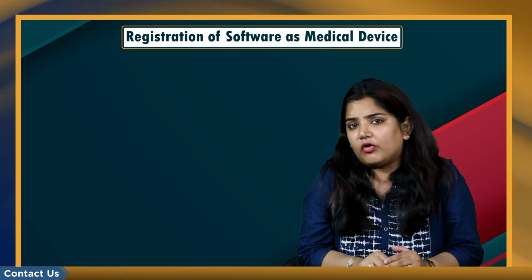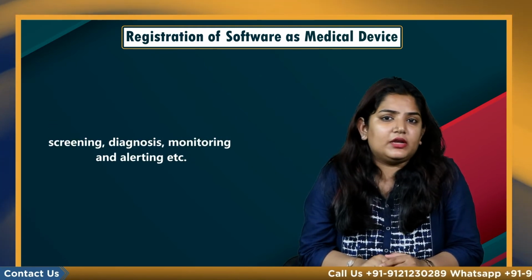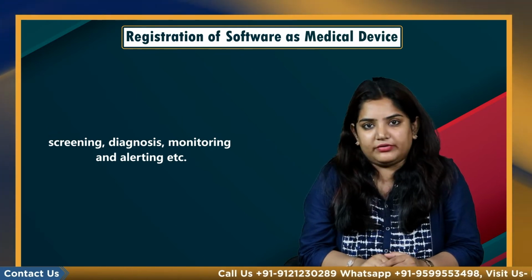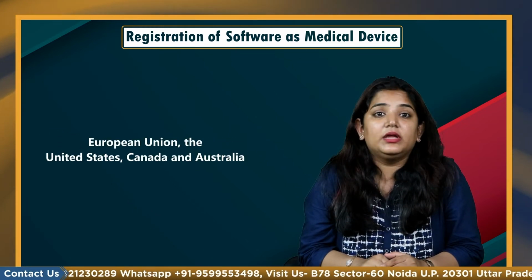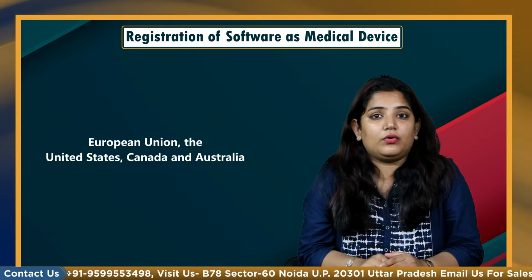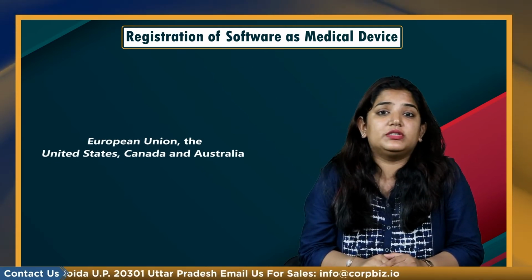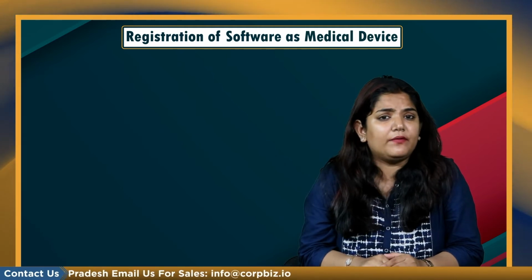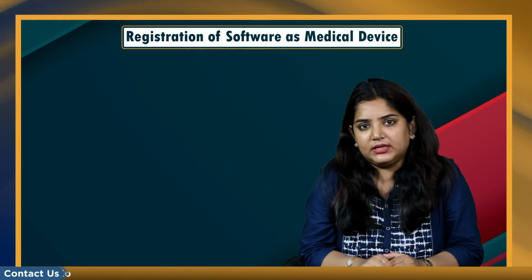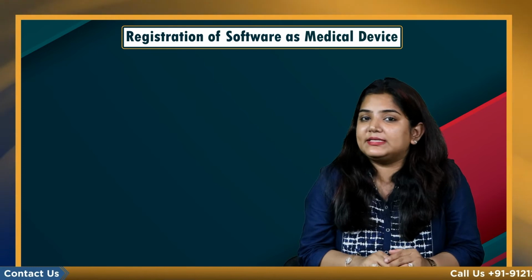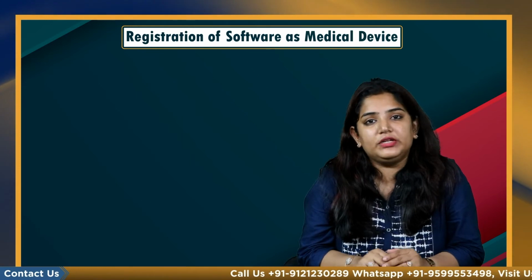There are various software in the medical field as a medical device, such as screening, diagnosis, monitoring and alerting. Healthcare agencies of developed countries like the European Union, the United States, Canada and Australia have defined regulations for such software used as a medical device. Some of these countries have already developed guidelines and others are in process. Worldwide, countries have accepted harmonized international guidelines for evaluating and approving software.